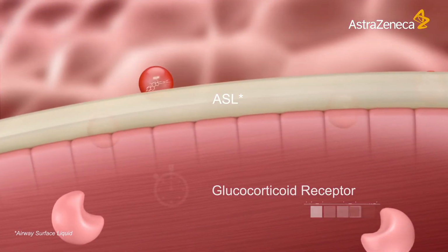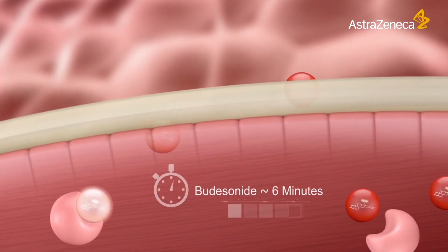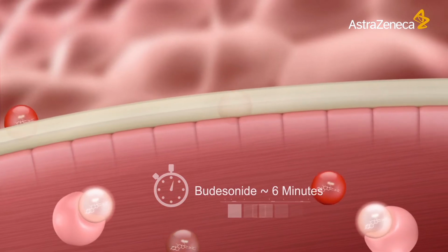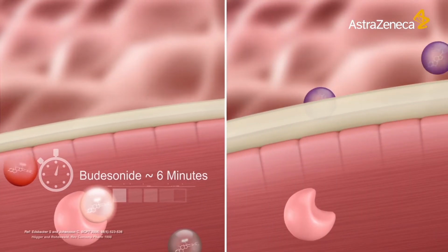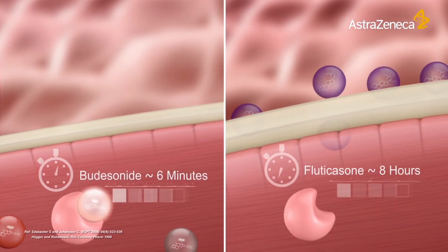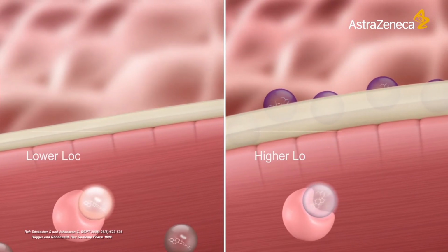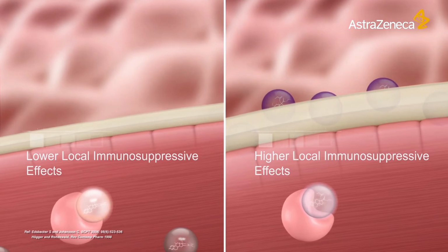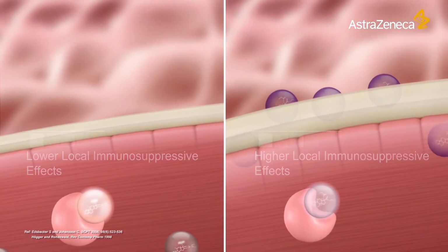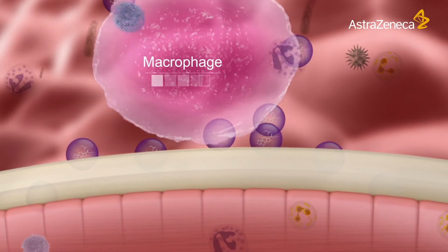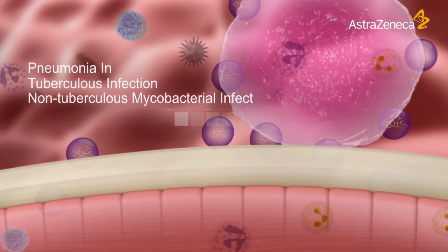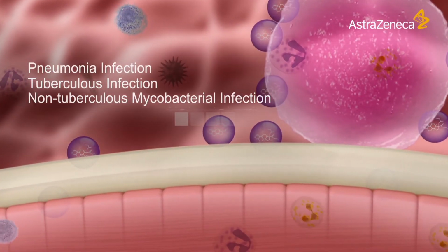Budesonide can cross airway surface liquid in about 6 minutes on average, compared to fluticasone, which may take up to 8 hours. Thus, budesonide is absorbed more quickly into the epithelial cells. Because fluticasone stays longer on the airway surface liquid, it may be associated with an increased risk of pneumonia and other infections.